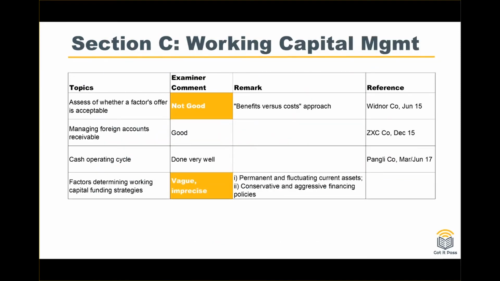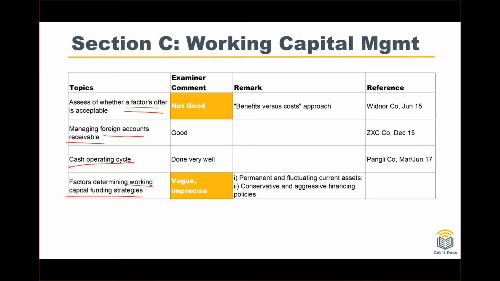Next, section C: working capital management, finance, and investment appraisal. I will share these three topics with you, and what the examiner would like us to be alert to in future exams. The topics include factors' offer, whether it is acceptable, managing foreign accounts receivable, the cash operating cycle, and also the working capital funding strategy.